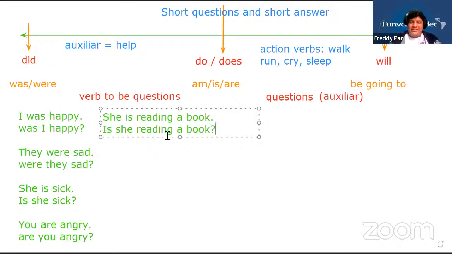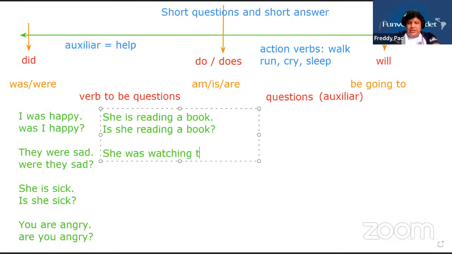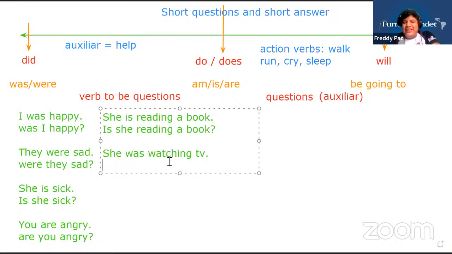If you want it in past, she was watching TV. As you can see, it has the verb to be in past. This is affirmation. What is the rule to create a question? We only change the verb to be first.